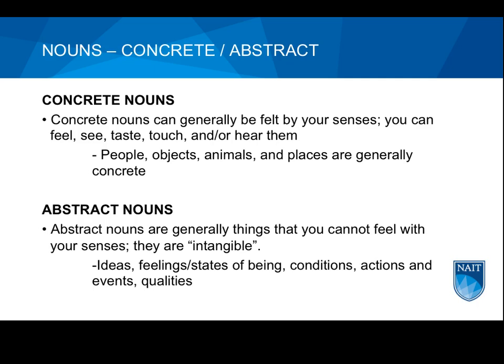Things like ideas, emotions, feelings, states of being, conditions, actions, events, and qualities tend to be abstract. For example, gravity, love, hope, peace, running, jumping, these are all abstract nouns.